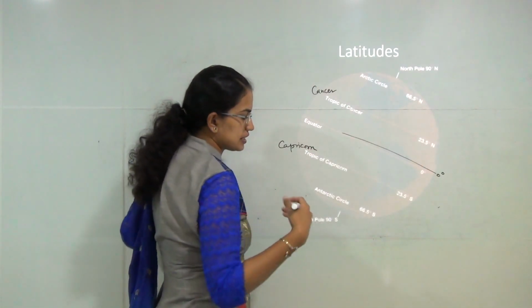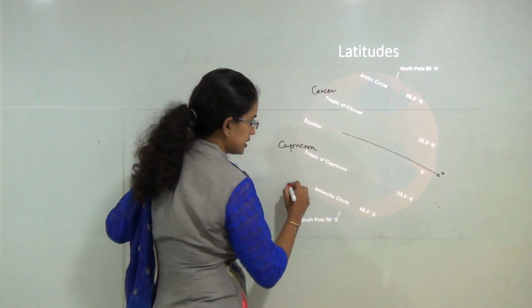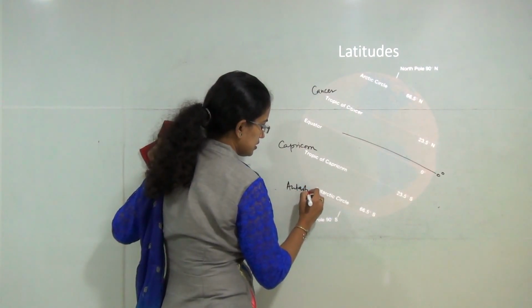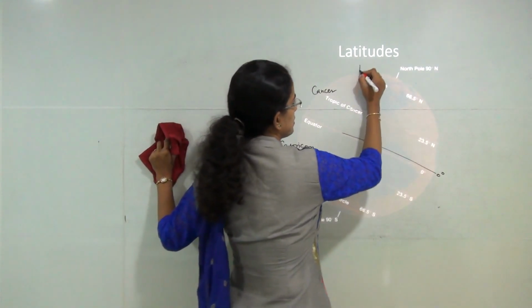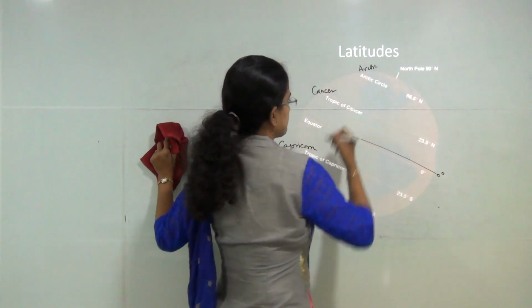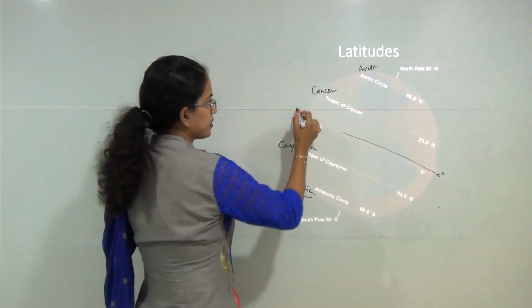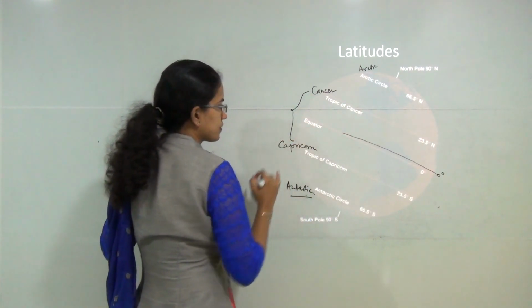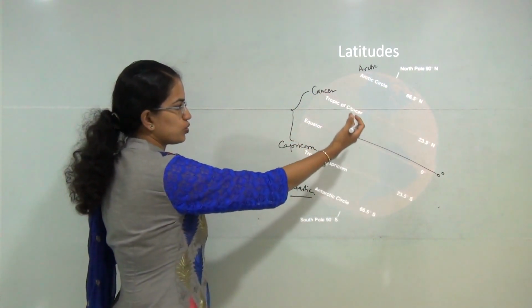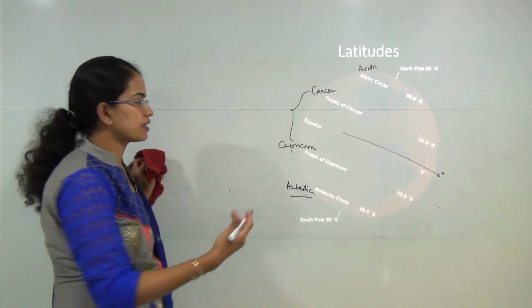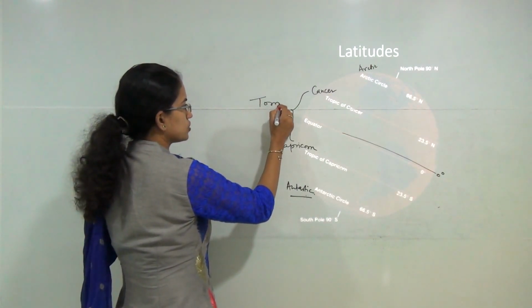Then you have 66.5 degrees south the Antarctic Circle, and in the north you have the Arctic Circle. Now the region between Tropic of Cancer and Tropic of Capricorn, that's 23.5 degrees north and south of equator, would be known as the torrid zone.